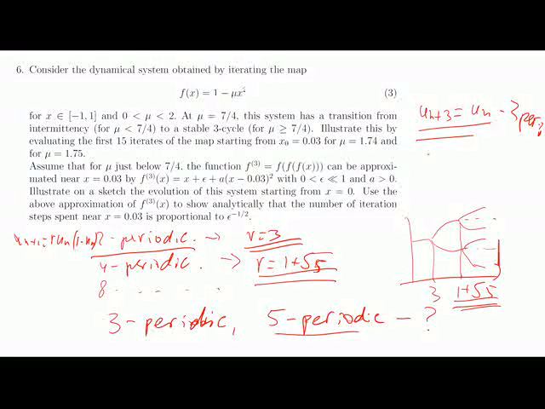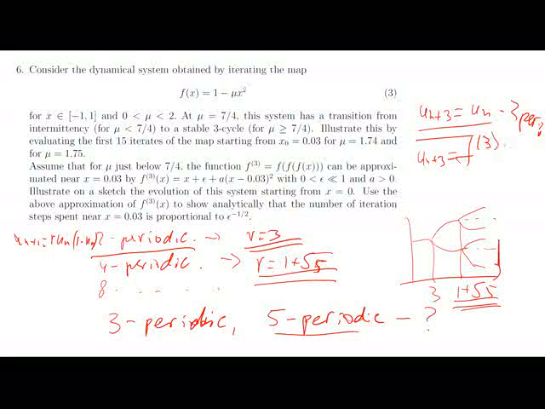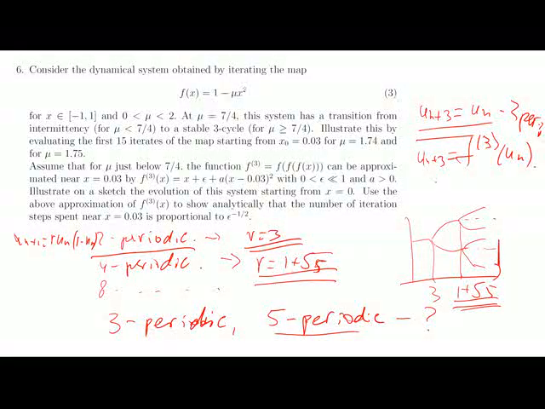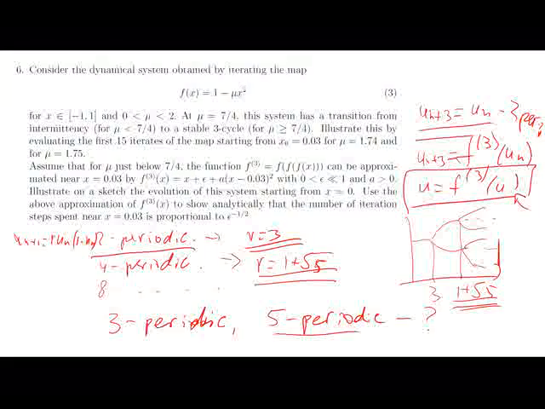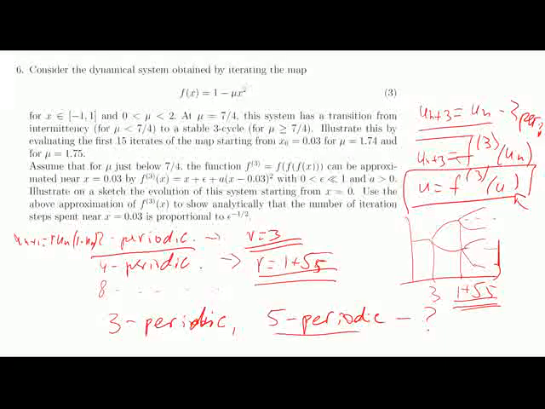And these are fixed points of this map. Let's say u_{n+3} = f^3(u_n). And therefore, these are roots of u = f^3(u). Roots of this give us 3 periodic solutions.